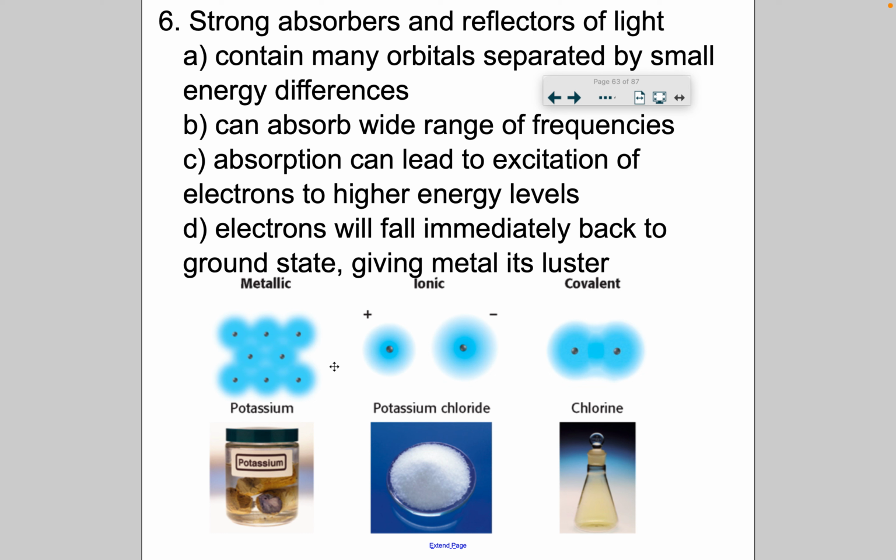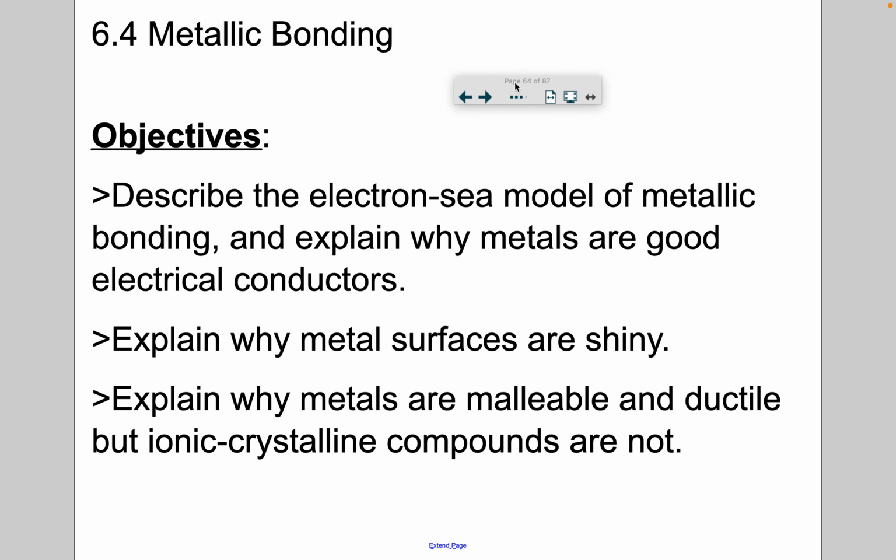With metals, they're shiny, ductile, malleable. Ionic compounds have a crystalline lattice structure, are brittle, and can conduct electricity in a molten state. And covalent compounds can be a gas or nonmetal, with the sharing of electrons, and so on and so forth. So that does it for 6.4 metallic bonding.